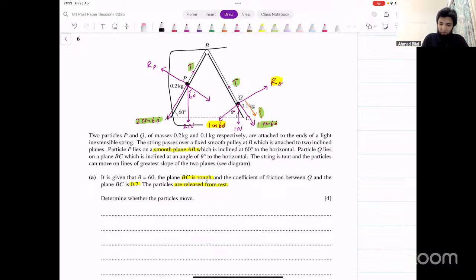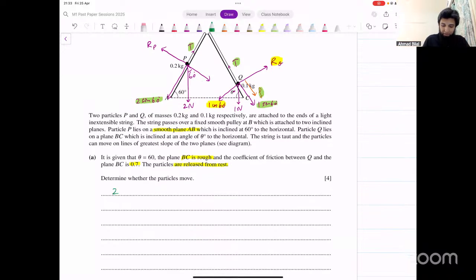Consider this whole thing as one, right? On the left side, you have 2 sine 60 force applying down the plane. On the right side, you have F plus 1 sine 60 acting down the plane. Let's write them down. On P, we've got this force, 2 sine 60, that's acting in this direction. On Q, we have F plus 1 sine 60 acting in this direction.